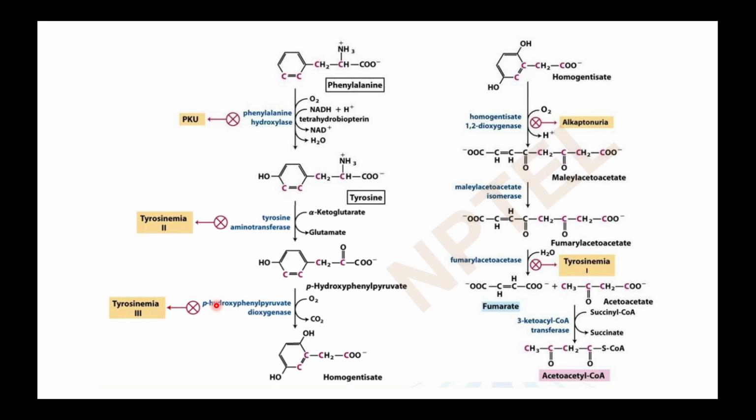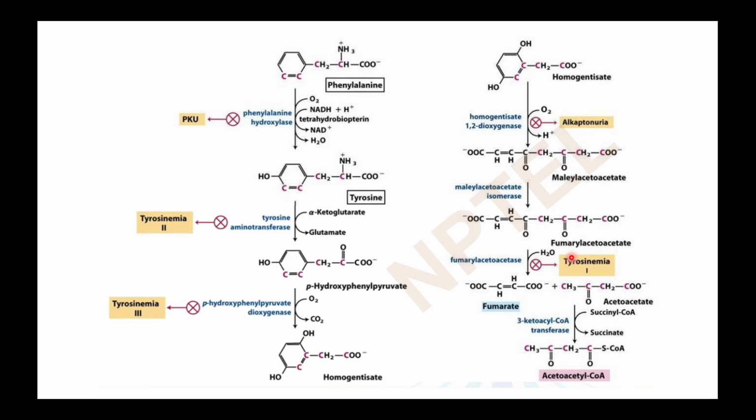Then homogentisate is converted into maleylacetoacetate by the enzyme homogentisate 1,2-dioxygenase, and the defect in this enzyme leads to alkaptonuria. Then we have maleylacetoacetate isomerization into fumarylacetoacetate, and then fumarylacetoacetate is hydrolyzed into fumarate and acetoacetate, and we have already seen the defect in this enzyme is leading to tyrosinemia type 1.